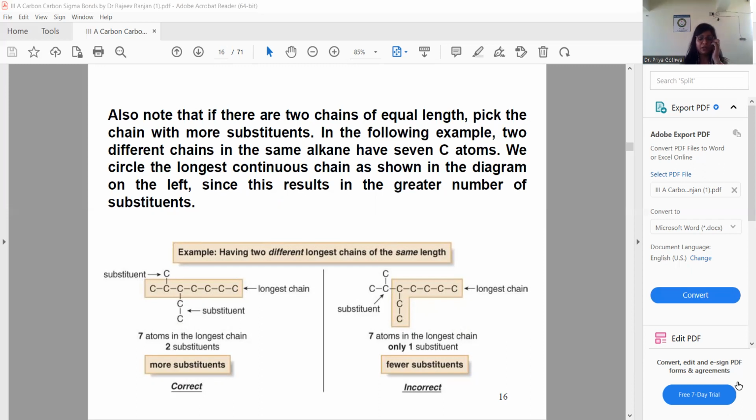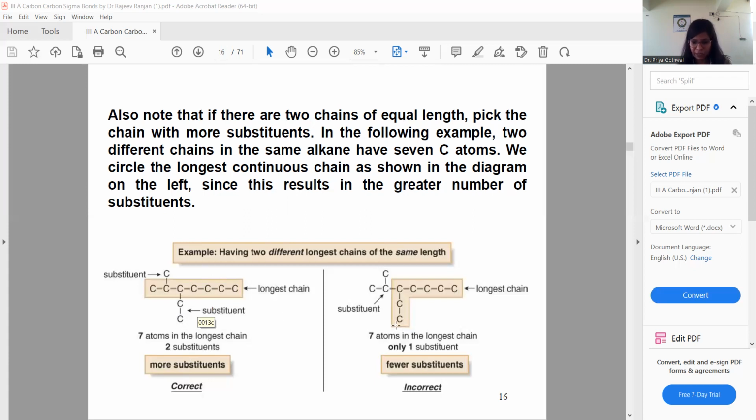So, having two different longest carbon chains of the same length, in this example, the same 7 atoms in the longest chain have 2 substituents, which is more substituents in this numbering, which is the correct sequence of the numbering.